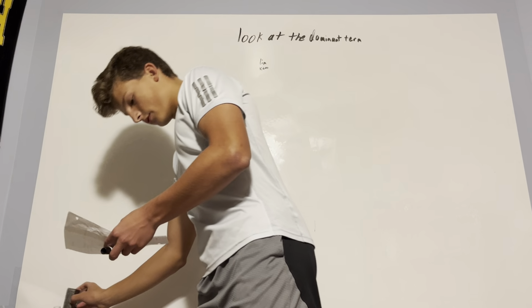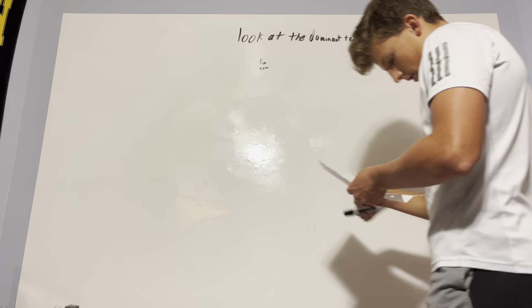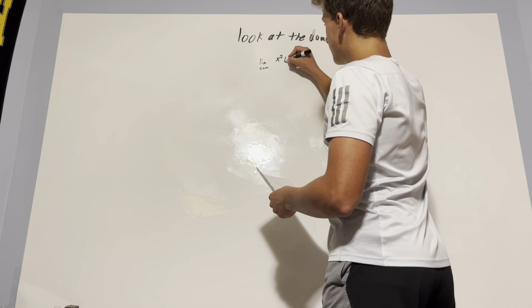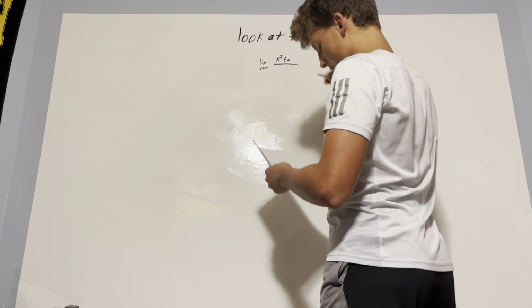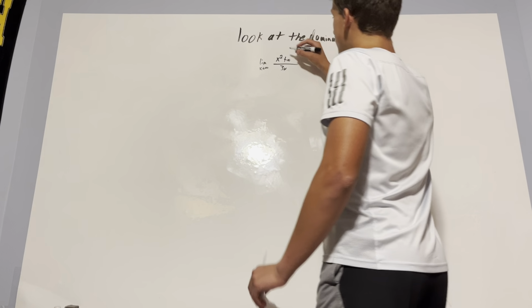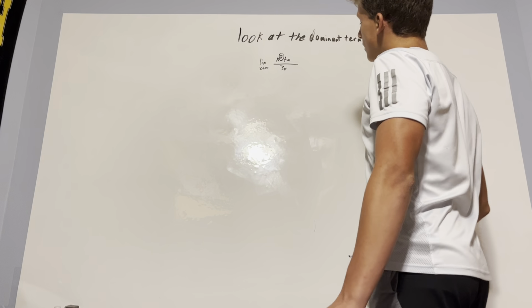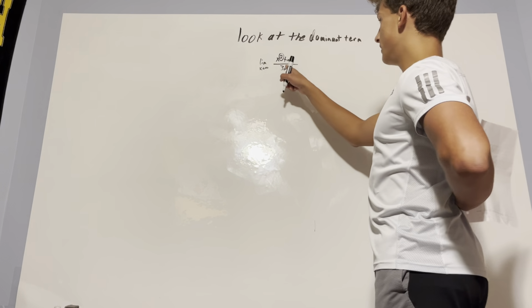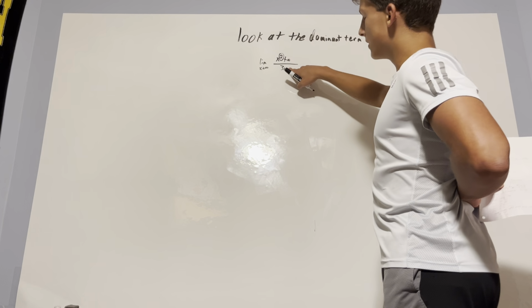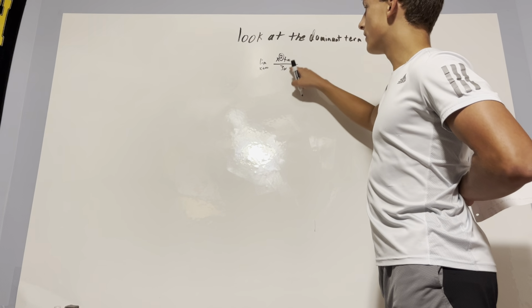And let's do one more with the same limit as x approaches infinity. Let's say it's x squared plus x over 3x. Well, here the dominant term is on the top, so similar to the first example, when the dominant power was on the bottom, we said that the bottom was going to end up being infinitely larger than the top.